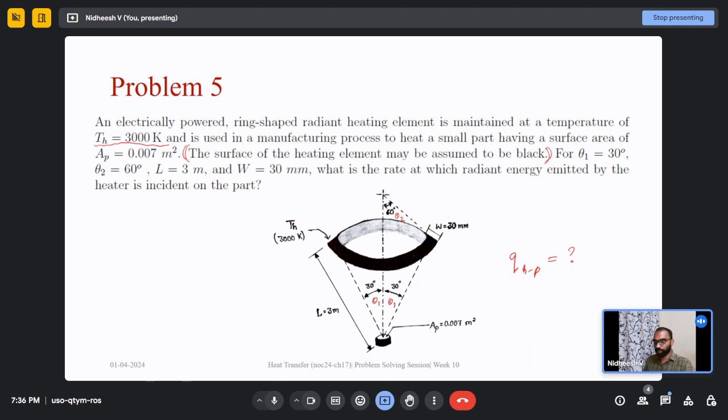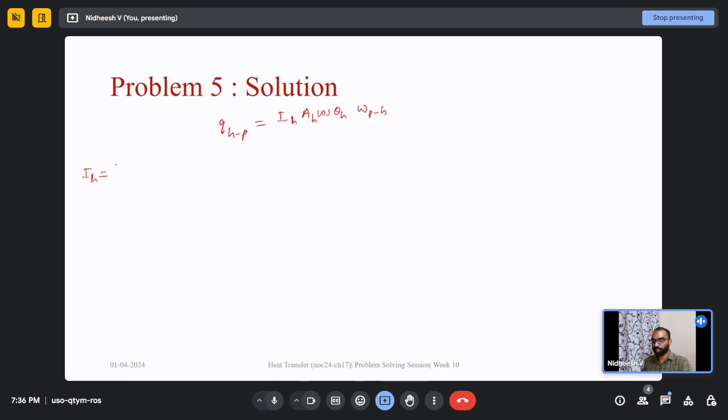We have already seen that we can rewrite the intensity of the heater as the emissive power of a blackbody at the heater temperature divided by pi. The emissive power of a blackbody at a given temperature is sigma T power 4, so IH equals sigma T power 4 by pi. This we can calculate.